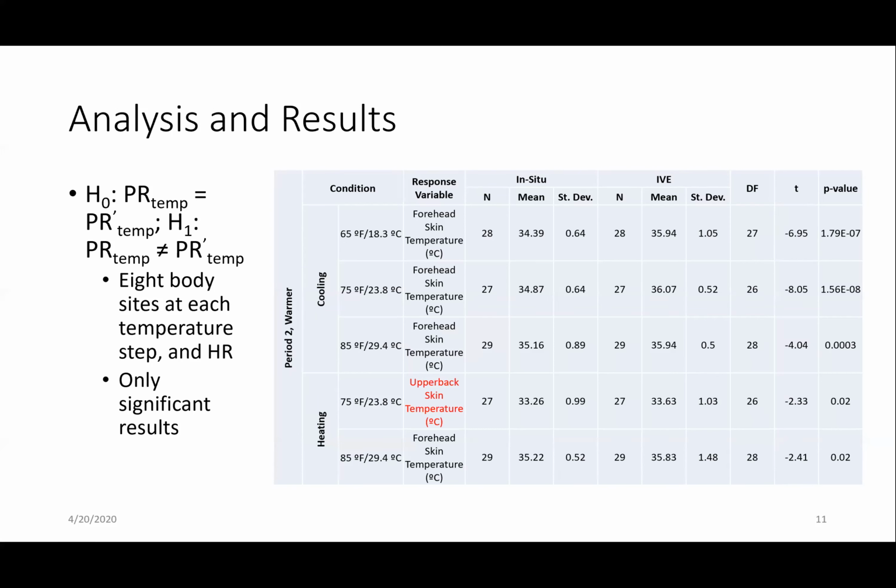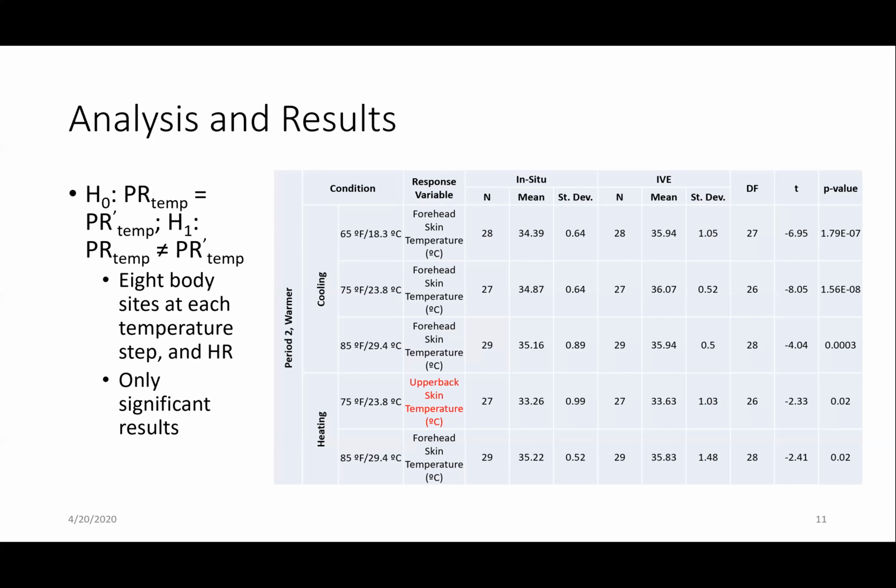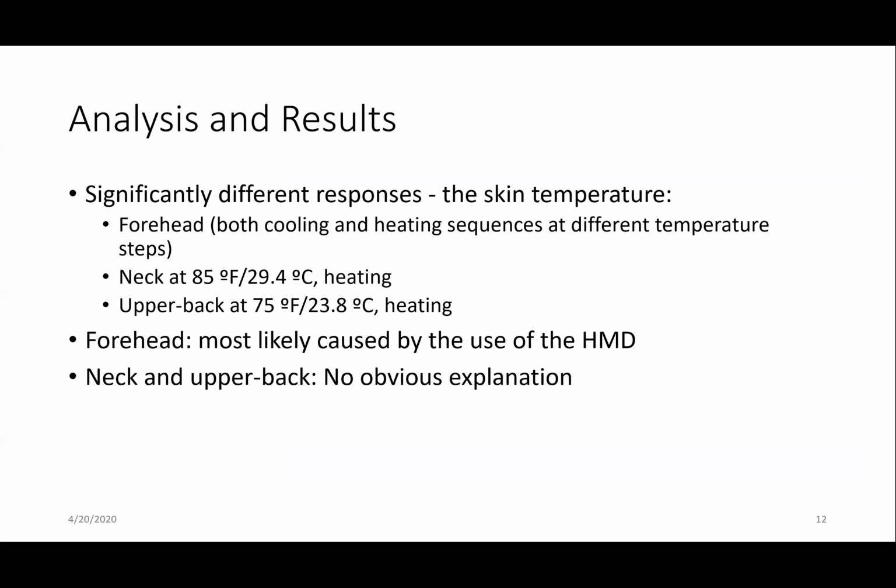The forehead is most likely because of wearing the virtual goggle, the head-mounted display, and the upper back and the neck skin, at this moment we don't have a very clear explanation for that.